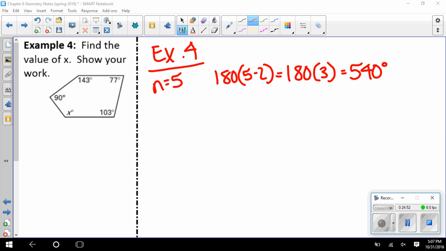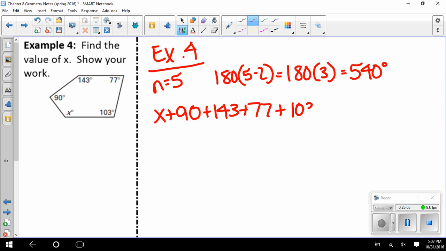Once we know what all 5 of these angles have to add up to, I'm just going to add them up. So x plus 90 plus 143 plus 77 plus 103 has to equal 540 degrees. Since it's a pentagon, we found out pentagons add up to equal 540 degrees. So I'm adding all 5 angles together and setting it equal to 540.